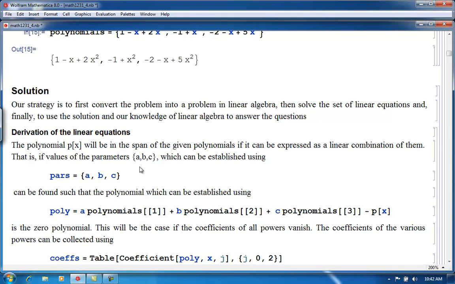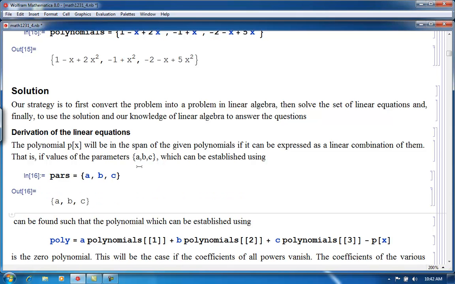In other words, we have to find values of some parameters a, b and c in such a way that the polynomial formed by multiplying a by the first polynomial plus b times the second plus c times the third, and then subtracting off the polynomial p of x, should be the zero polynomial.